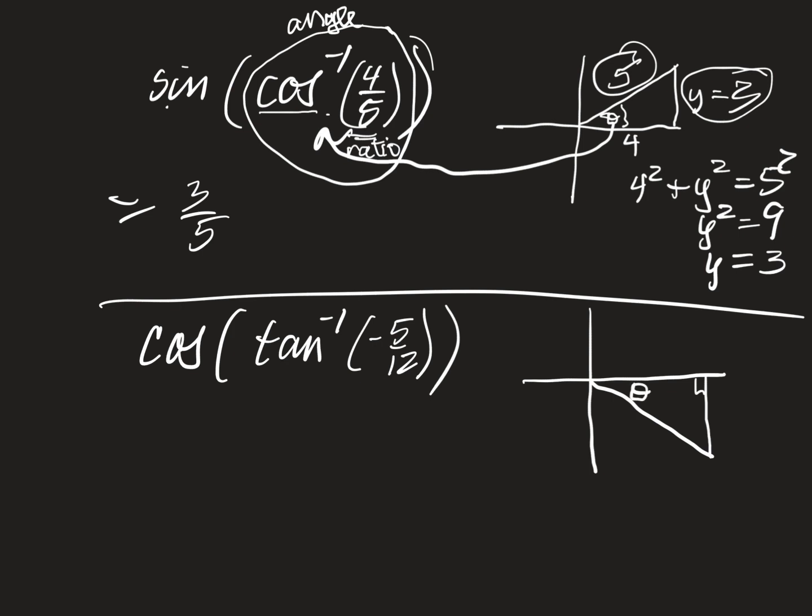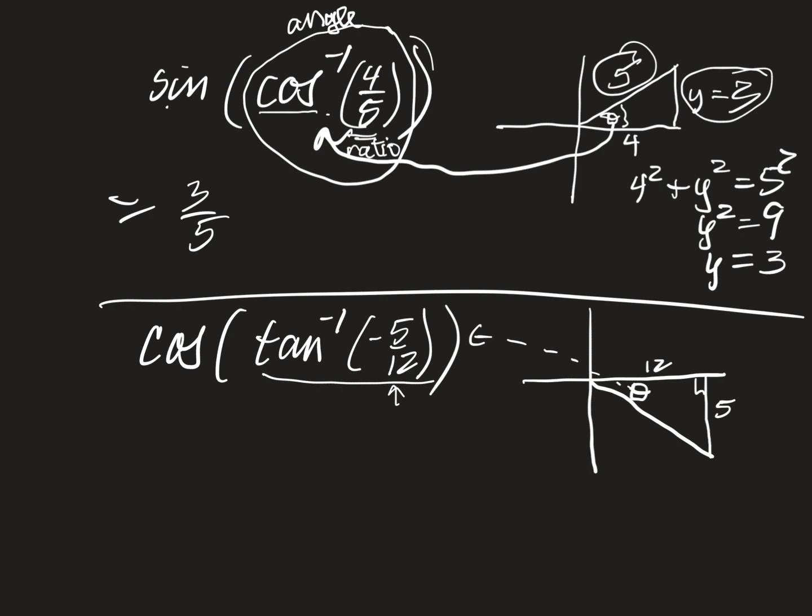Here's our angle. Remember, that angle is the inverse tangent. Now here's our ratio, negative 5/12. The hypotenuse is 12. All right? Or excuse me, the adjacent is 12. And the opposite is 5. Because tangent is opposite over adjacent.